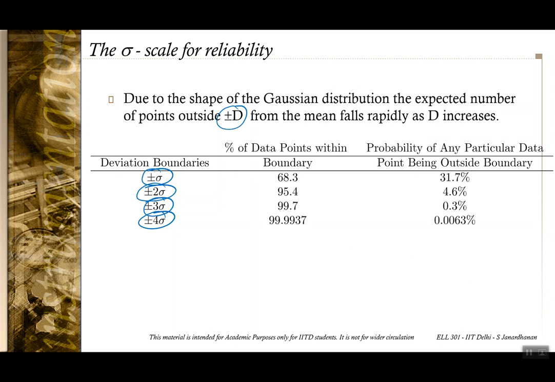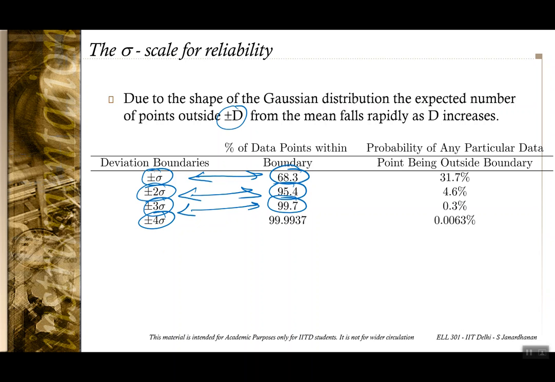From the standard Gaussian table, we can say that 68% of the data is between plus and minus sigma. Approximately 95% of the data is within plus or minus 2 sigma, and almost 99.7% is between plus or minus 3 sigma.